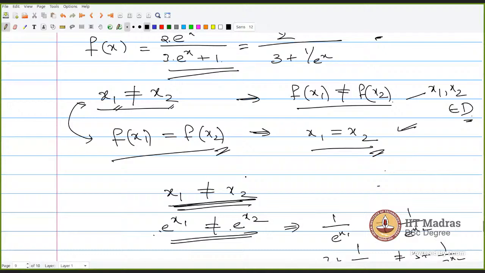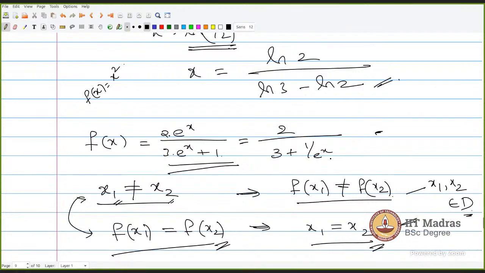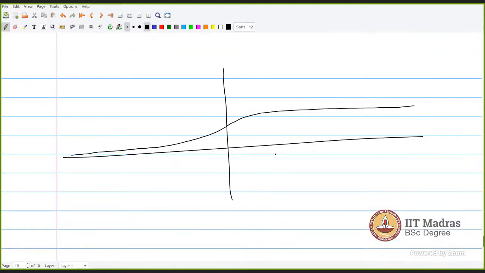See, just identify some 3 points and understand the end behaviors. Once you have that, look at when x tends to plus infinity, where f of x will tend to. 1 by e power infinity is 1 by infinity, which is 0. So this will go to 2 by 3. From there, I will start plotting.